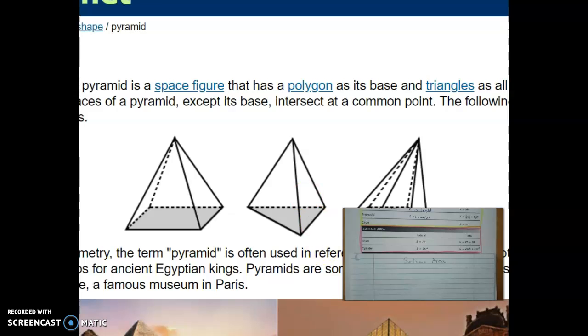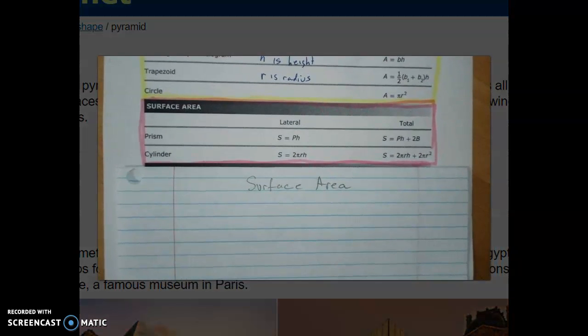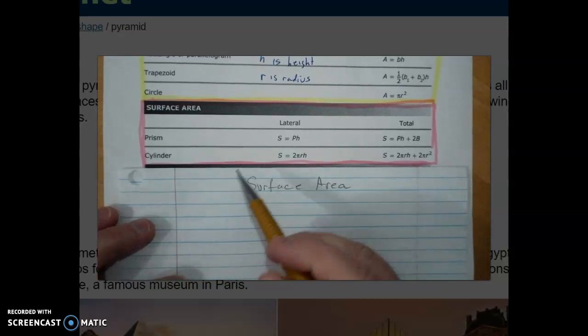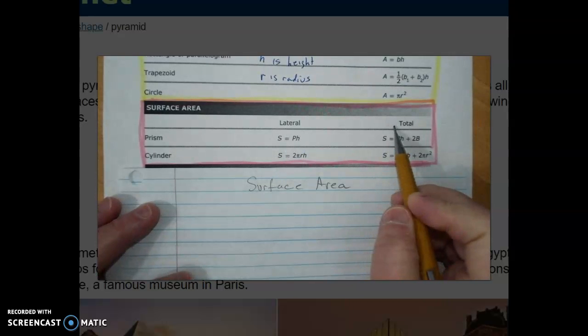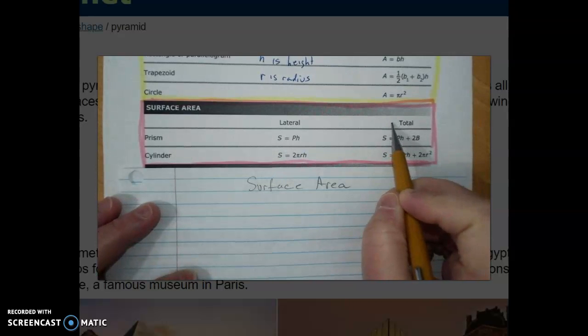So now that you know what the formulas are, we are going to go over the formula chart. You're going to do two different things. You're going to do lateral and total. At first, I'm going to talk about total.